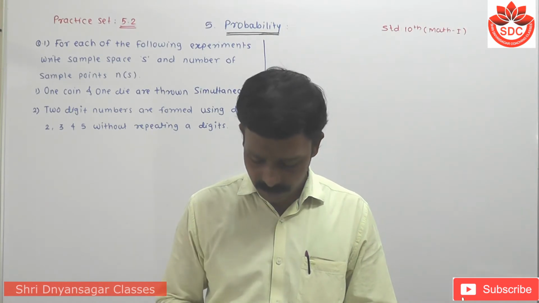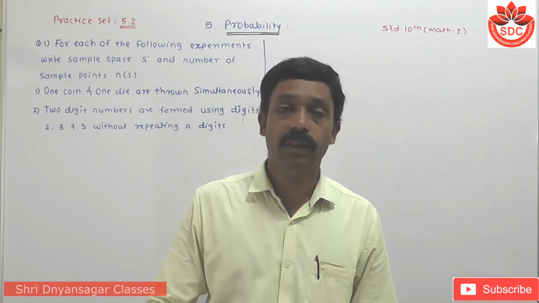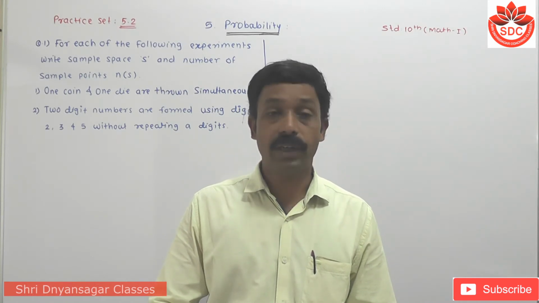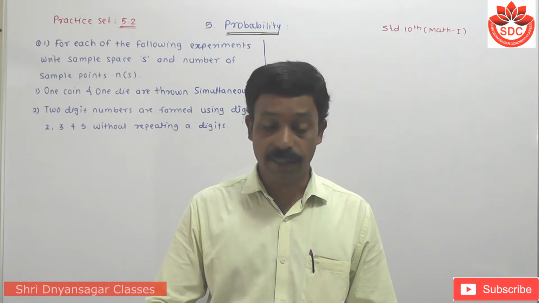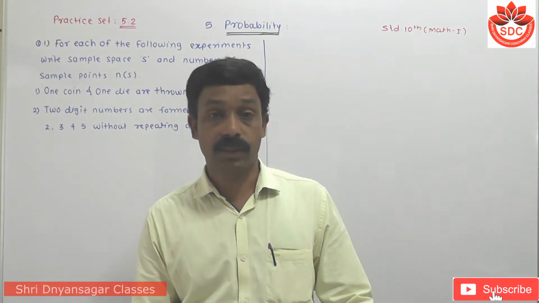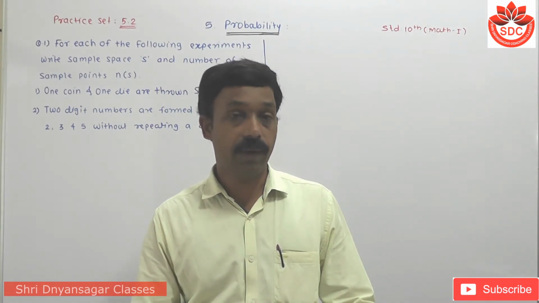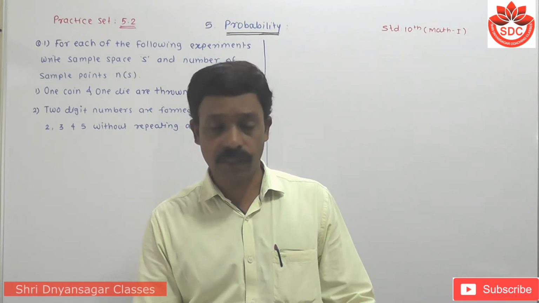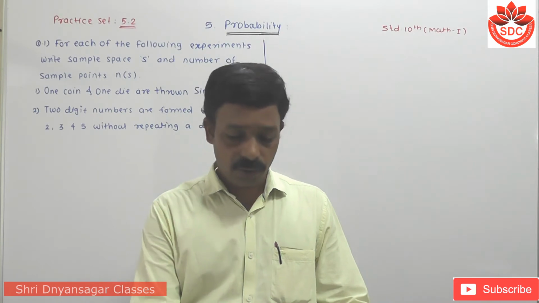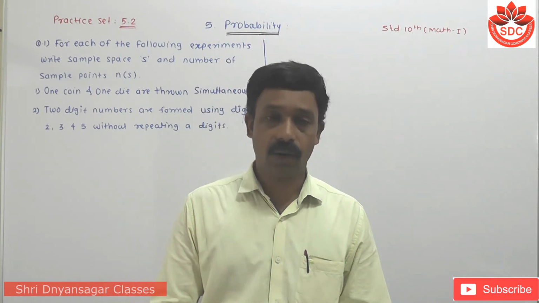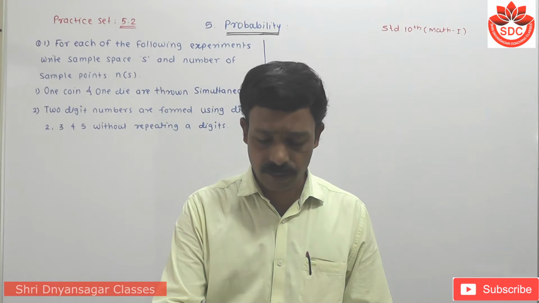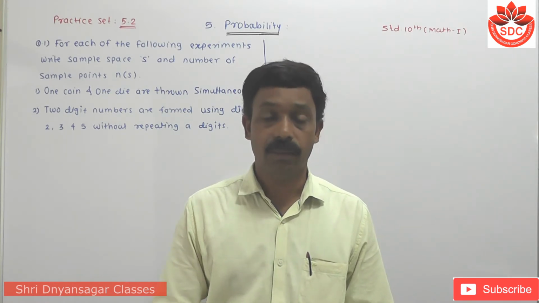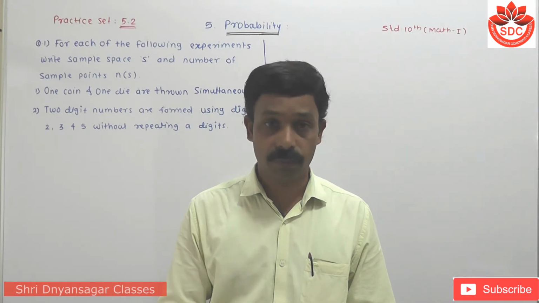Now look at the page number again, of your textbook. The first one is, one coin is tossed. At that time the sample space is H and T. In curly brackets you write S equals {H, T}. For the second, two coins are tossed. The sample space is {HH, HT, TH, TT}, meaning the number of sample points is 4.